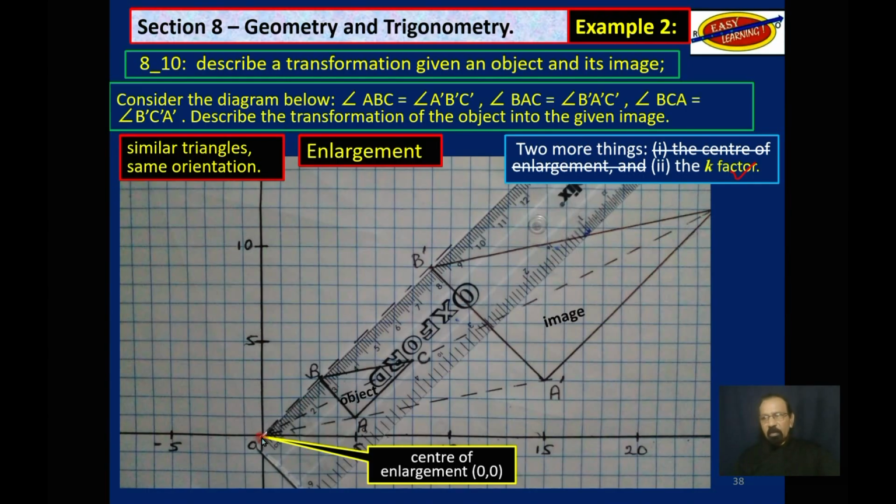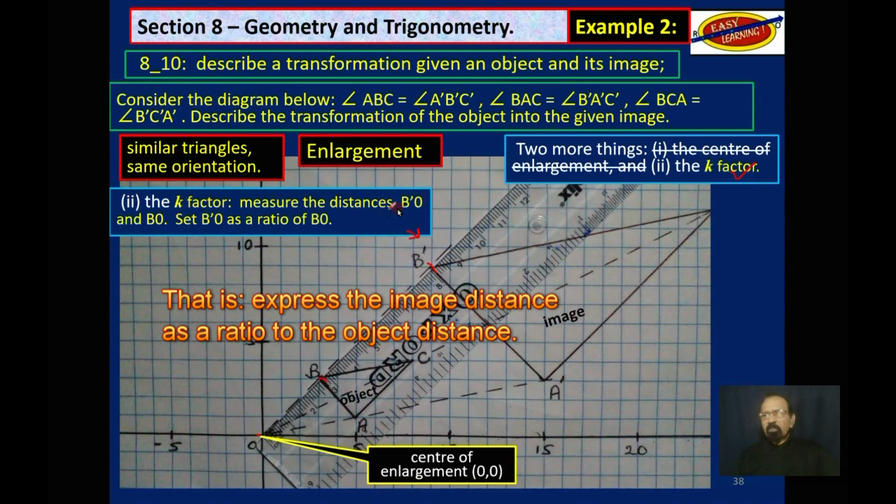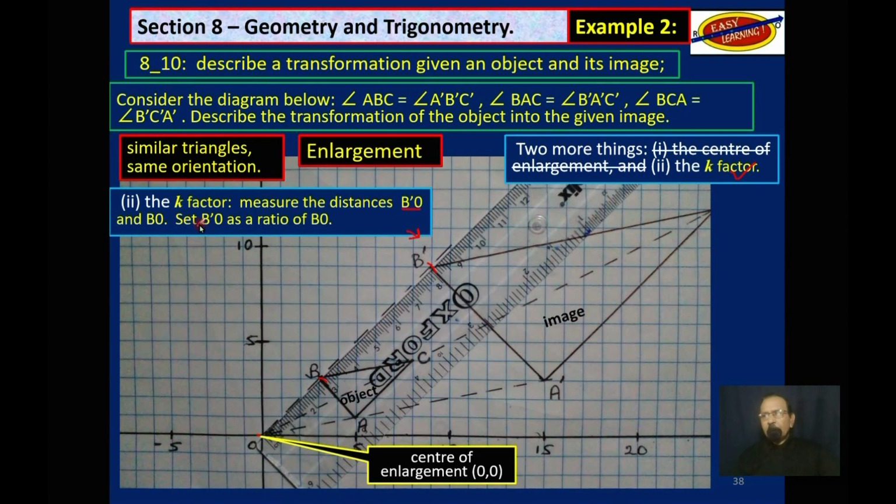I put a ruler from here, across here, measure from there to there, and then measure from here to here, and express the larger measurement as a ratio of the smaller measurement. So measure the distance B prime O, the larger distance, and BO, the smaller distance. Set B prime O as a ratio of BO.